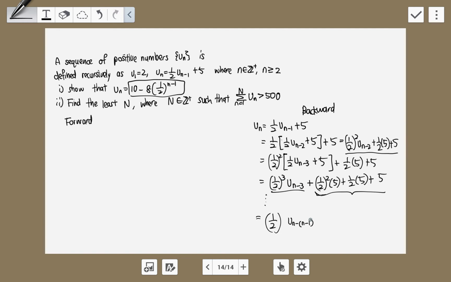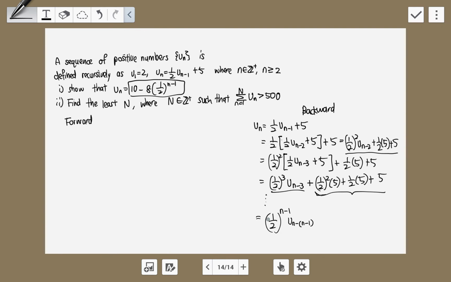So this is minus n minus 1, so the power must be n - 1. And for the number of terms, when this is 2, the number of terms here is 2, the 5 and this one. When this is 3, the number of terms here is 1, 2, 3, so 3.